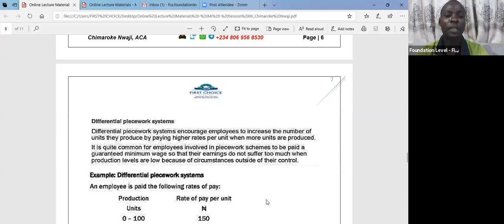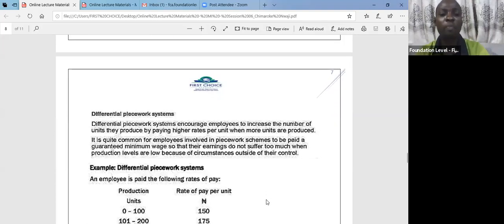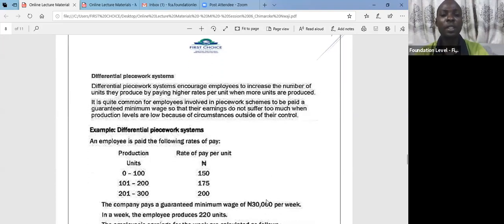Now look at what we call differential piecework system. Differential piecework system encourages employees to increase the number of units they produce by paying higher rates per unit when more units are produced. Now you see there is a problem when you are using piece rates and when you're also doing time rates.